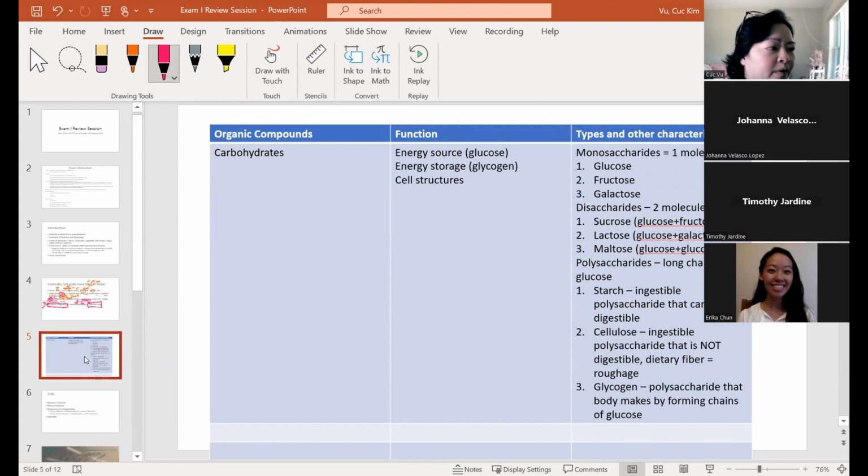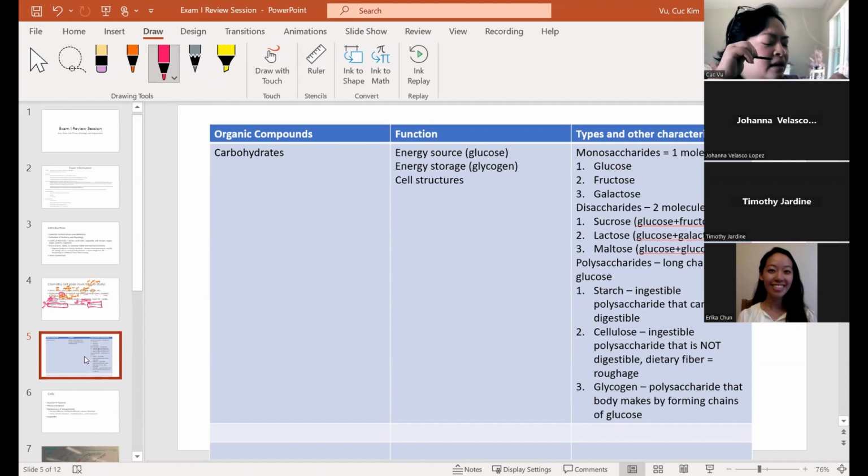So I've created an example of a cognitive map for you. Here I start with carbohydrates. Their function could be an energy source, energy storage, or cell structures. Within that, I have 3 types: monosaccharide, disaccharide, polysaccharides, and I listed them there. This is nice because it's content, but you can visualize it. You can see, oh okay, I remember in that last column I had monosaccharide, disaccharide, and polysaccharide.